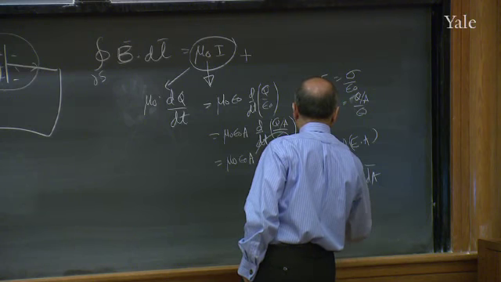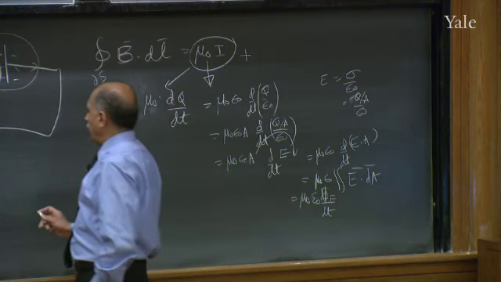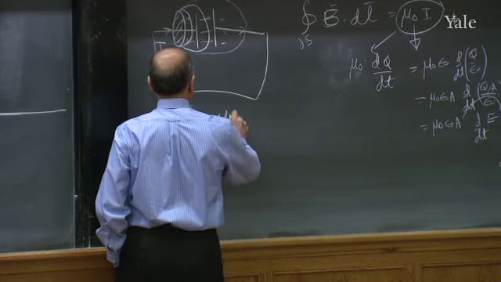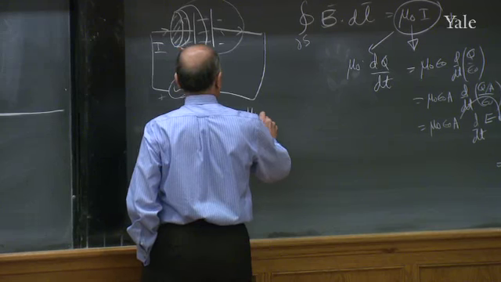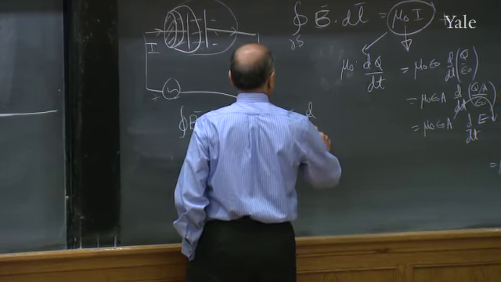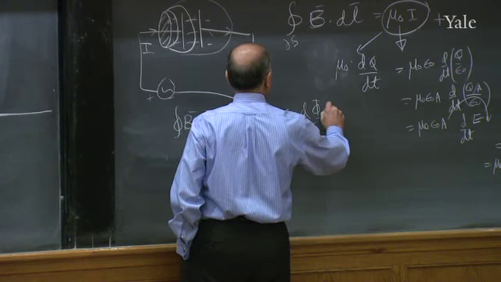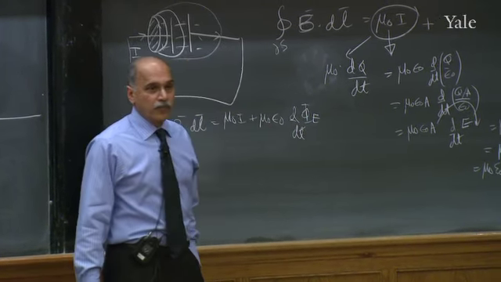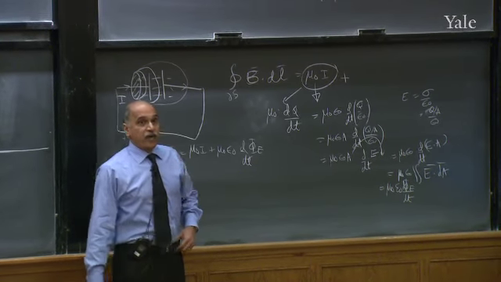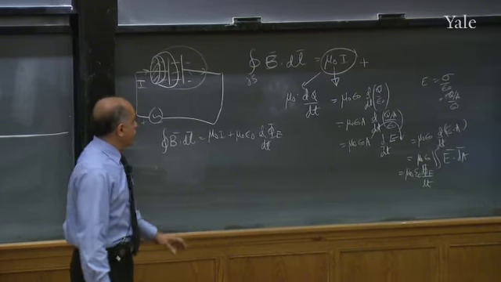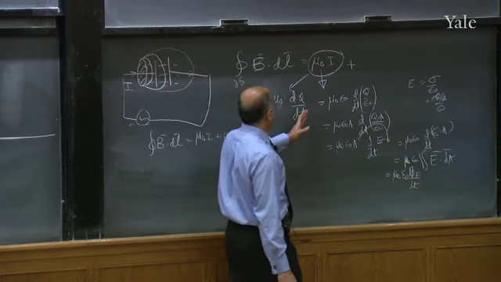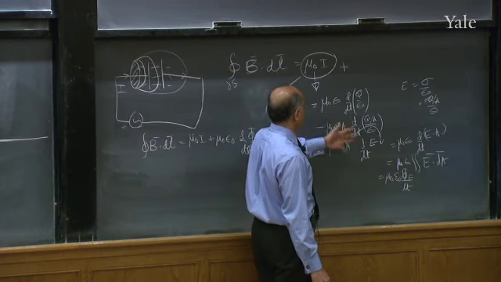d by dt. Therefore, my modified law is going to be the integral of B dot dl equals mu 0 I plus mu 0 epsilon 0 d by dt of phi electric. That's the bottom line. You can fill in these blanks if you have trouble writing and listening. I'm just saying, go to the region between the plates. Once you start with dq dt, turn q into sigma, the charge density on the plates.